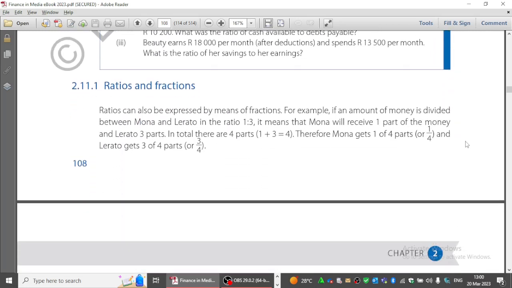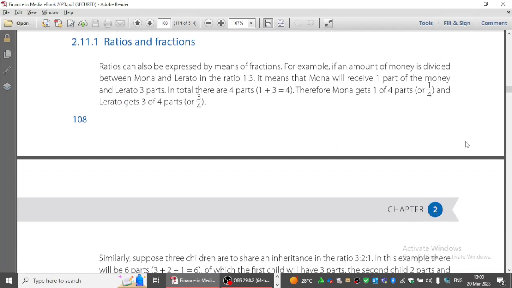So ratio to fraction, this is where we compare, normally in business, to see in terms of a ratio. Let's use a ratio to see the profitability of the company. So we apply ratios, and some ratios can be expressed as a fraction, like I already mentioned previously, to say that if you have got 1 to 3, that is the same as having 1 out of 4.